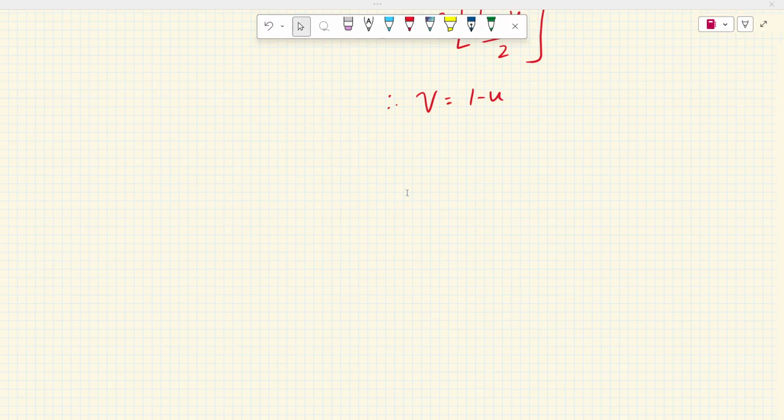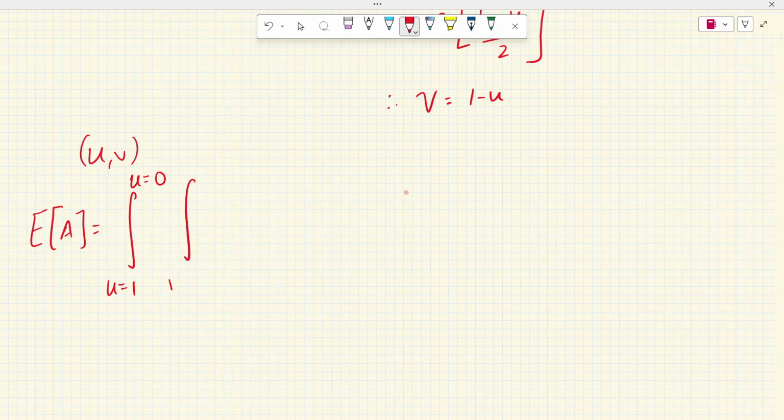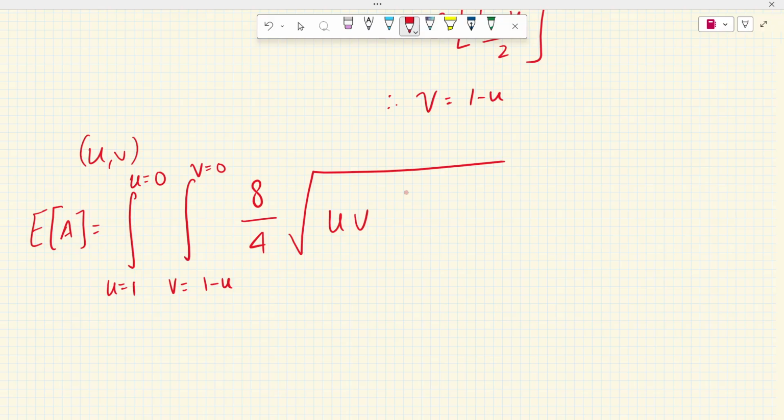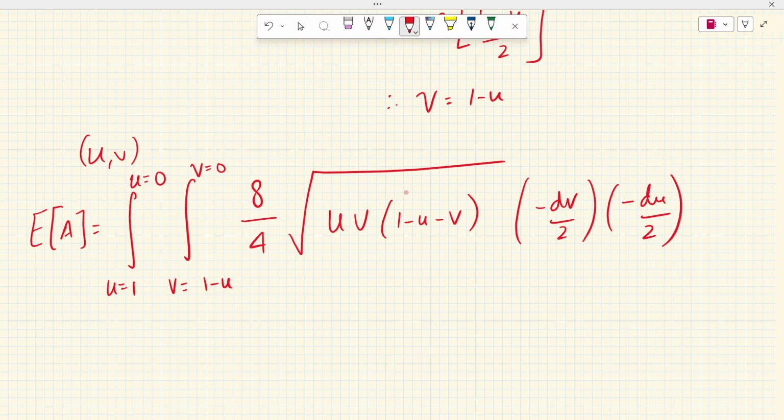So now let's rewrite the entire expression in terms of u and v. The expected area becomes, u from 0, v goes from 1 minus u to 0, then we have the constant term. Notice how easy this expression has become compared to before. Minus dv by 2 and minus du by 2.